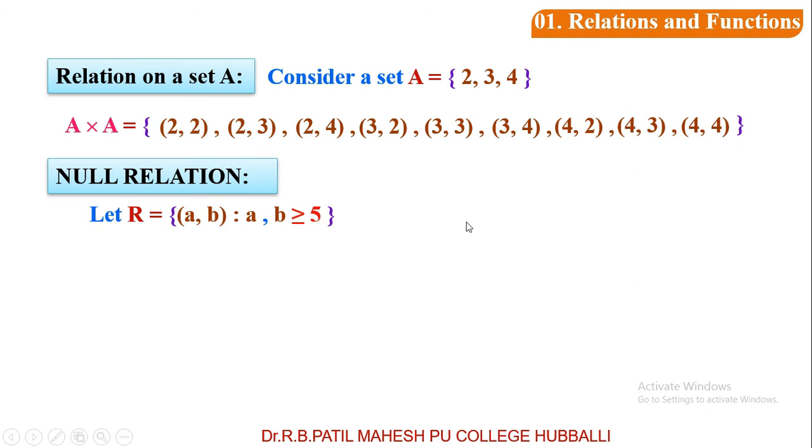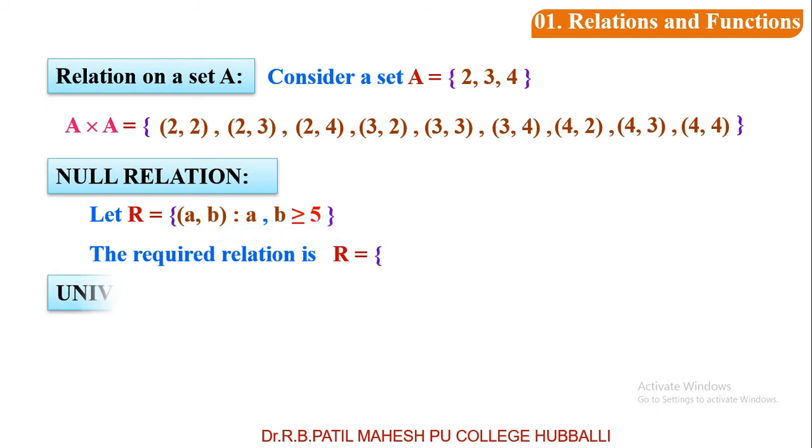Therefore, R equal to {(a, b) such that a, b greater than or equal to 5} has no ordered pairs. There are no ordered pairs in this relation R, and this relation is called null relation or empty relation. The required relation you can write as R equal to empty.